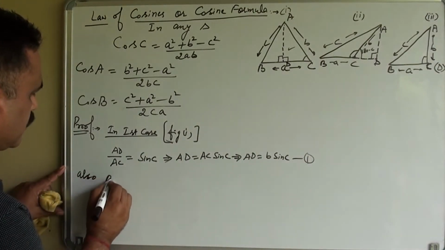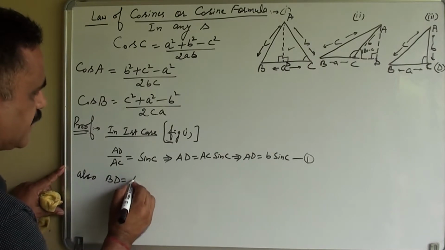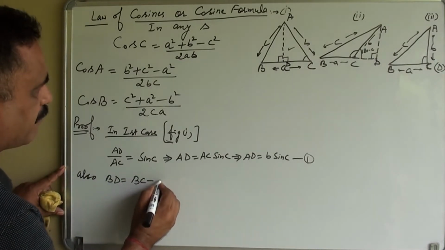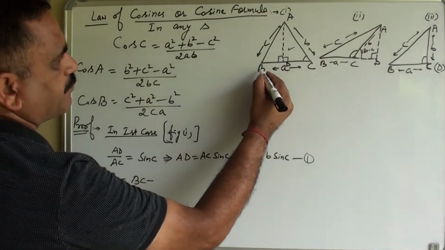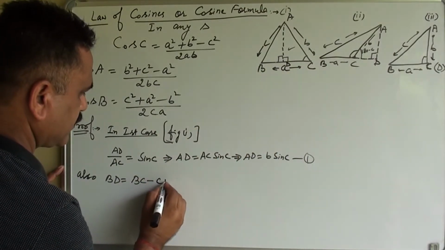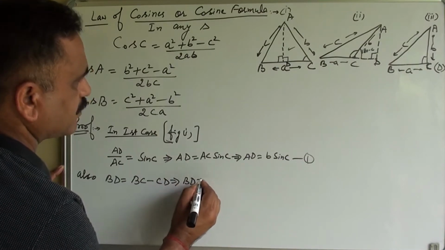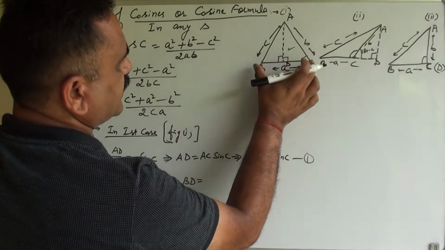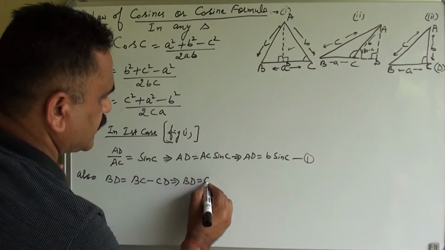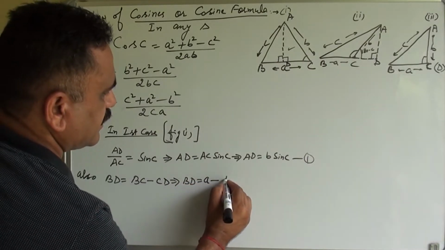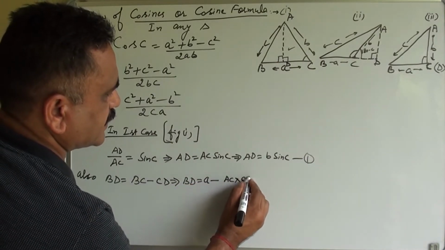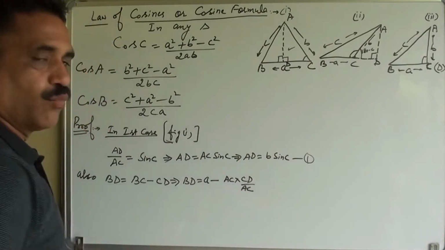Also, BD can be written as BC minus CD. So this implies BD is equal to, what is the value of BC? A minus CD can be written as CD upon AC.